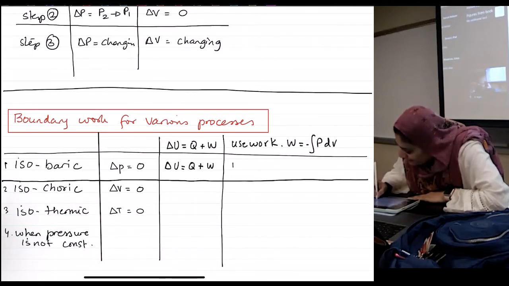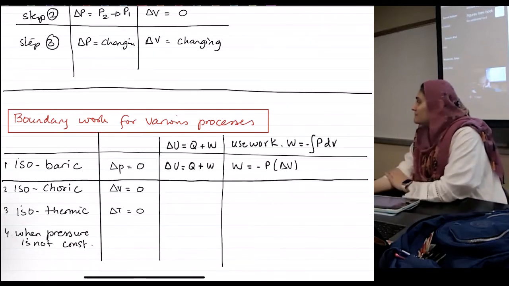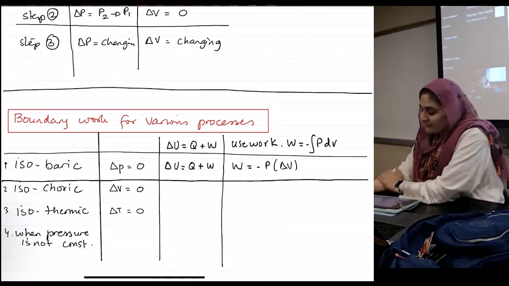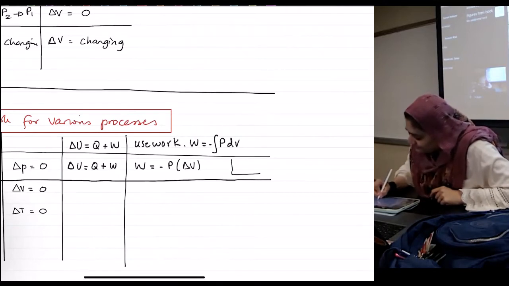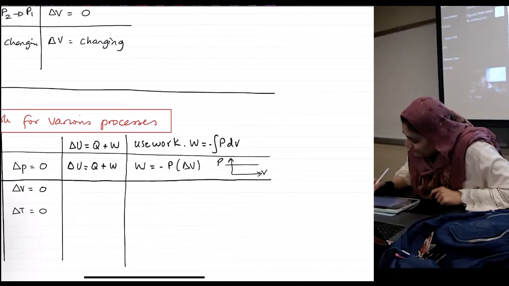May I rewrite this as negative P delta V? Because pressure is constant, it can be taken out of the integration. And how do I graph this? PV.